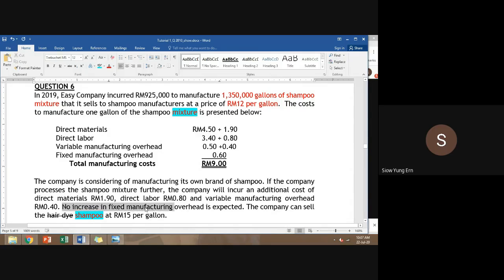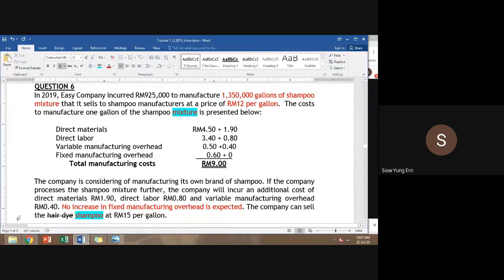No increase in the fixed overhead is expected. So that means 60 cent will remain as 60 cent plus 0. Okay, it will remain as 60 cent.